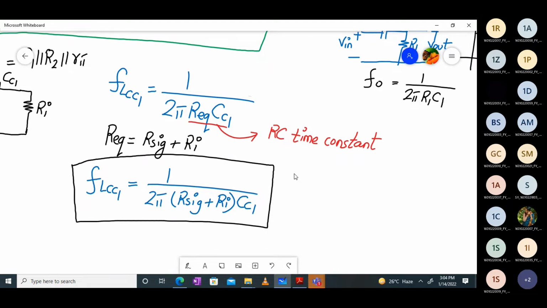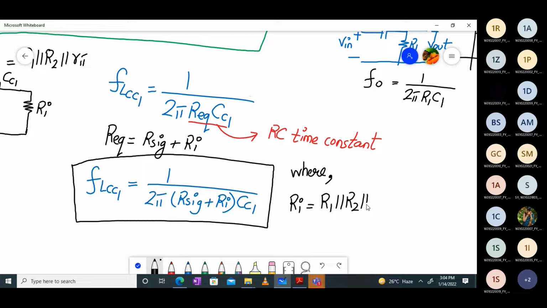What will happen if Rsig is 0? It will disappear from the formula. It will be 1 upon 2 pi Ri CC1, where Ri will be given by R1 parallel to R2 parallel to R pi.